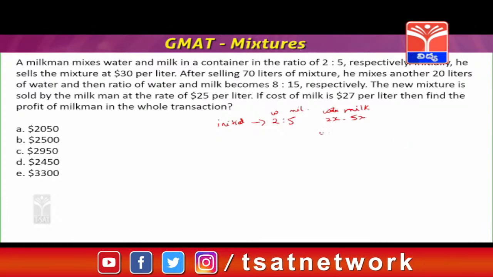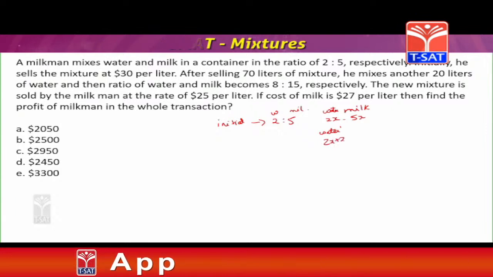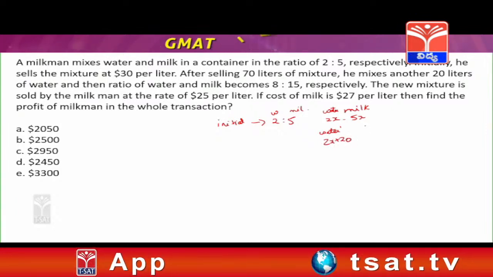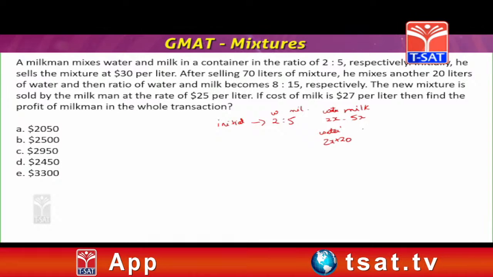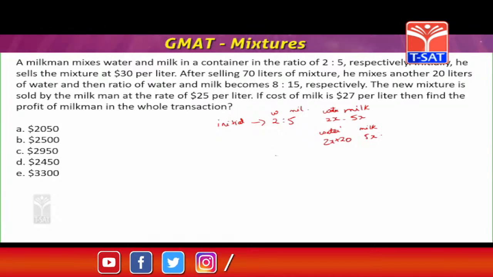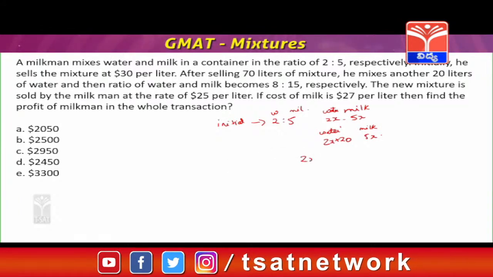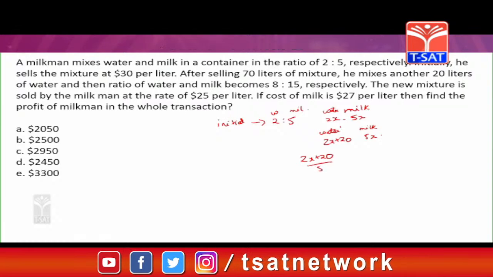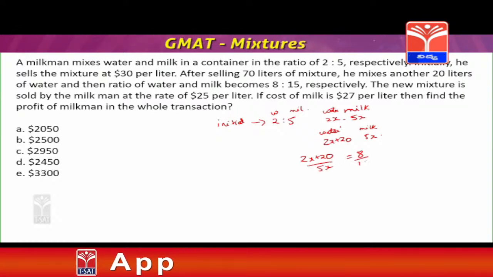Now, the new water will be 2x plus 20, and the milk will remain the same, that is 5x. So, he is telling us that the ratio of water to milk, that is (2x plus 20) by 5x, will be equal to 8 by 15.